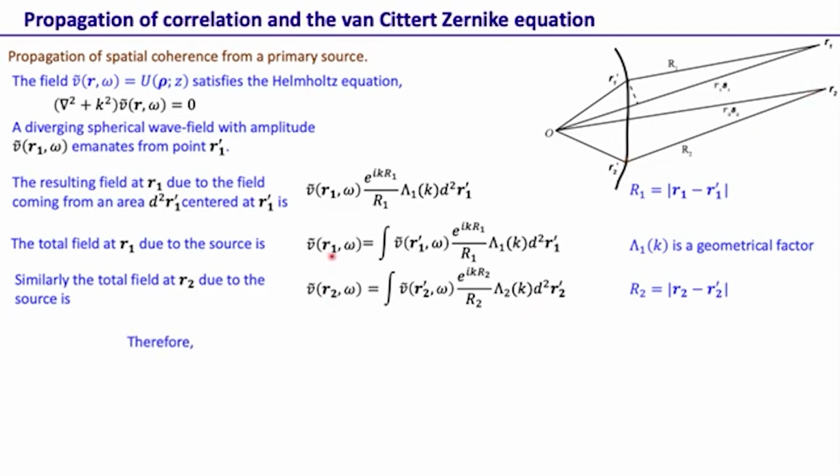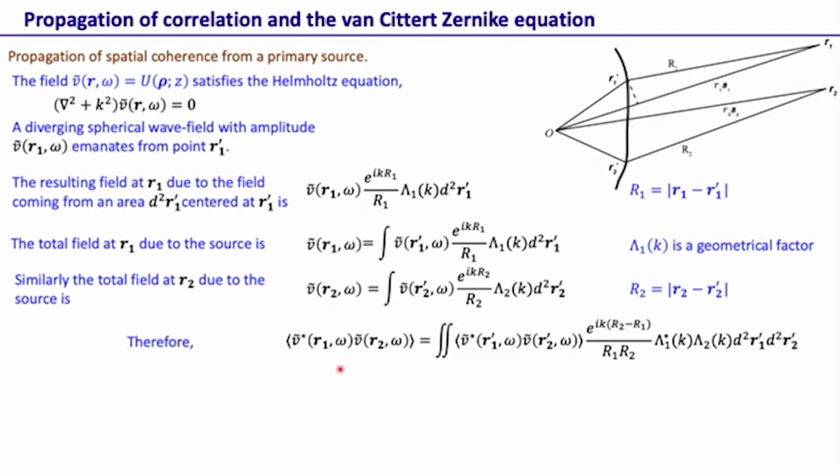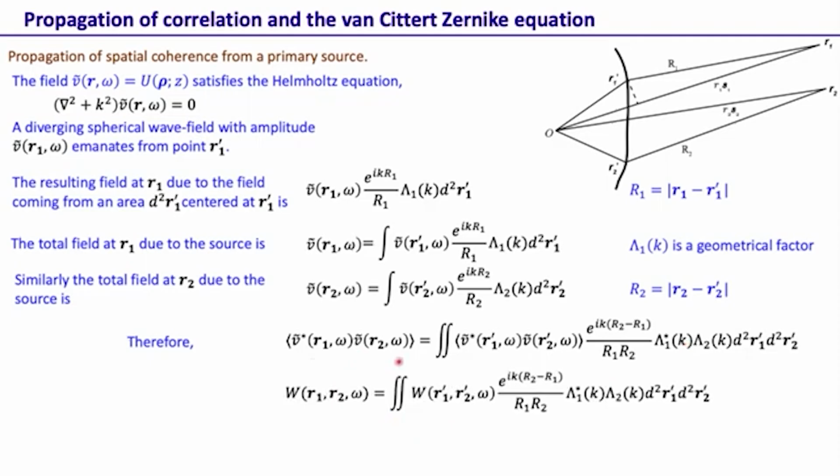Okay, since the fields are related in this manner, if we multiply these two and take the ensemble average, then we have this quantity v star r1 omega, v r2 omega, the ensemble average quantity, and we put it all together. Now this one is the cross spectral density function involving r1, r2.